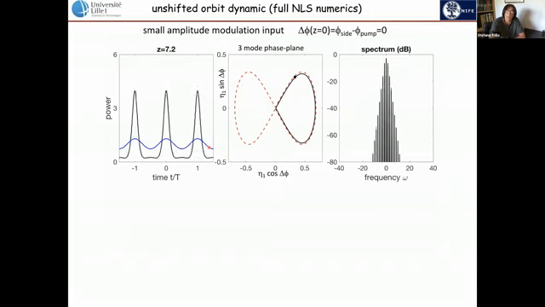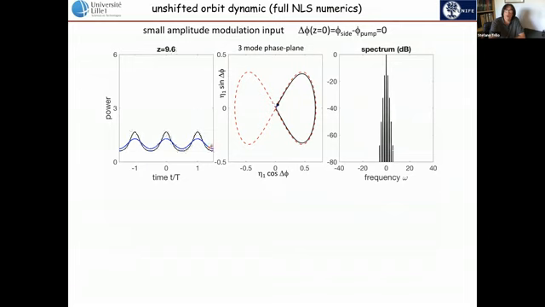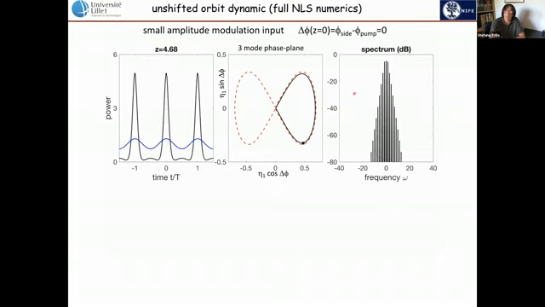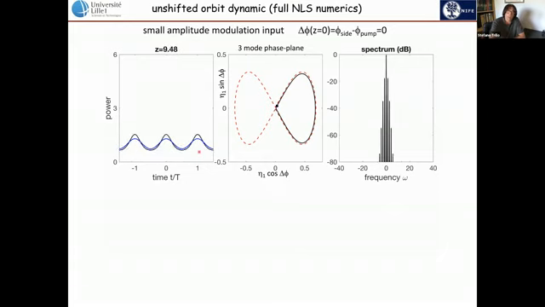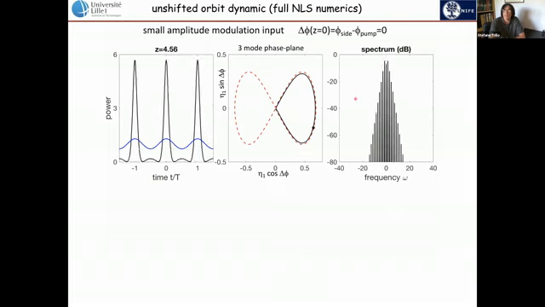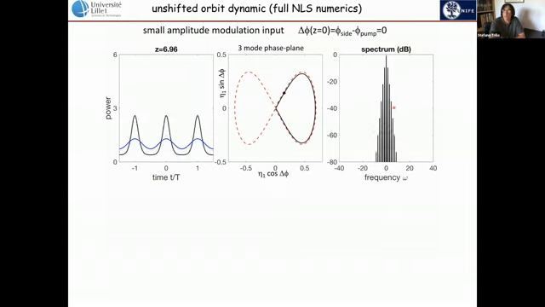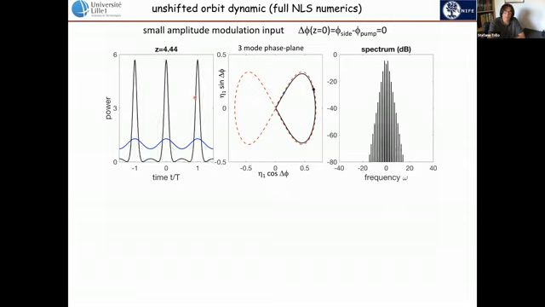So it's amplitude modulation, and you follow the evolution. This is in time, and this is in Fourier space. And of course, you can see that there is a compression and a very strong growth of the peak of the field. And this is associated to the broadening of the spectrum. So the maximum broadening of the spectrum is obtained, of course, when the compression is maximum.